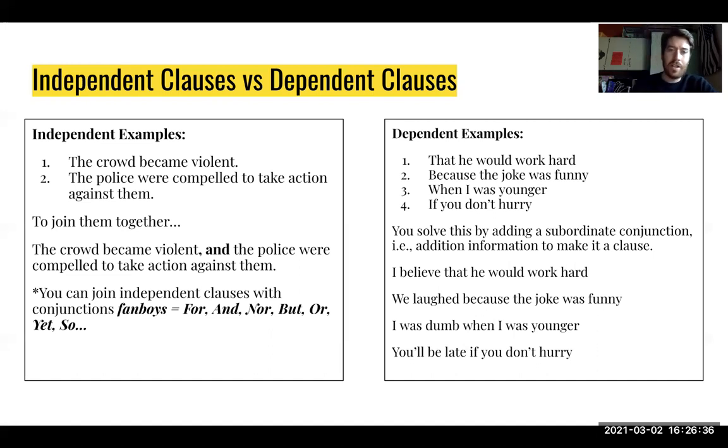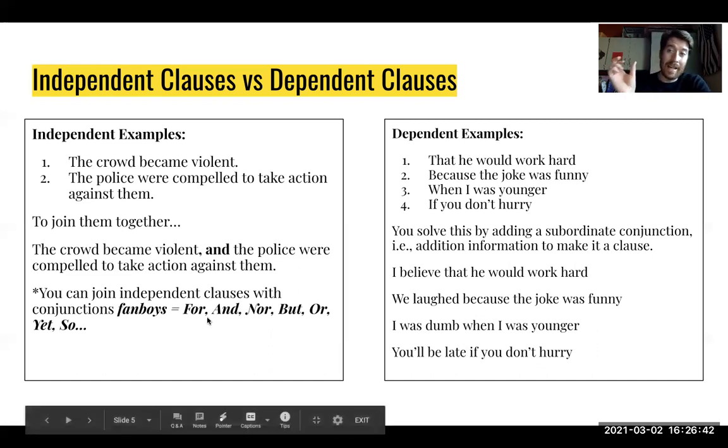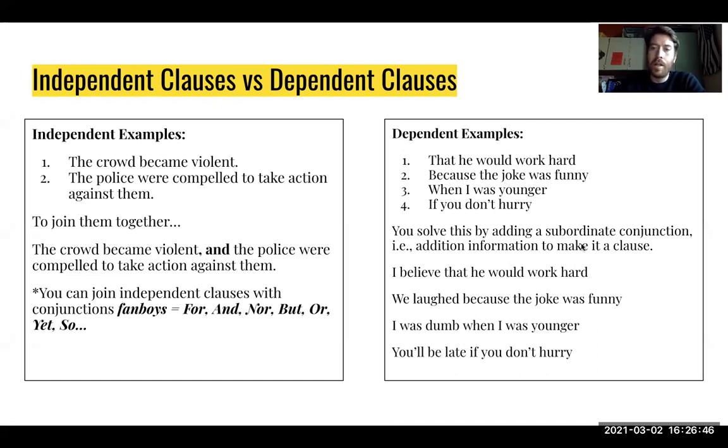which again, a conjunction is going to be these sort of filler words, these connecting words. There's another acronym that I'll use later beyond FANBOYS. But let's just see some examples of what I could do to fix these real quick. That he would work hard. I might say instead, I believe that he would work hard. So believe, the word I. Another one, because the joke was funny.